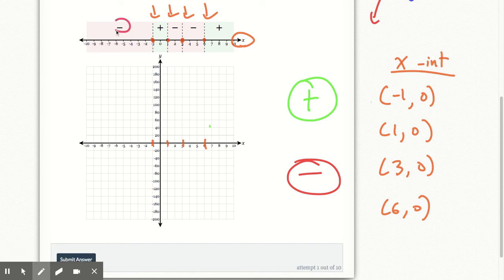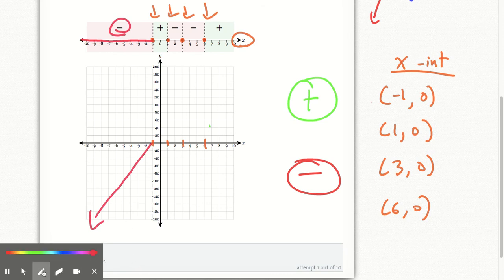And again, all that we're looking at is the sign, right? So for example, we notice that if we are left of our first x-intercept, the sign chart tells us the function is negative, meaning below the x-axis. So in other words, if we're left of this first x-intercept, we know we are down on the negative side of the x-axis. That's our first piece of the function.